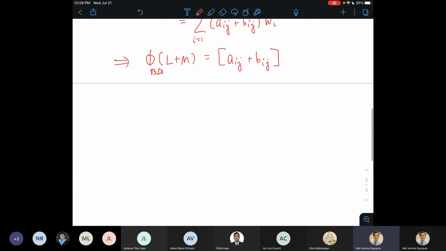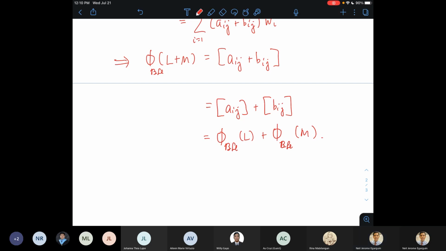But we can easily break this down into the sum of two matrices, Aij plus Bij. And Aij, the way we have chosen the Aij's, this is basically phi of L plus phi of M. Okay. So this proves that vector addition is preserved. Okay.